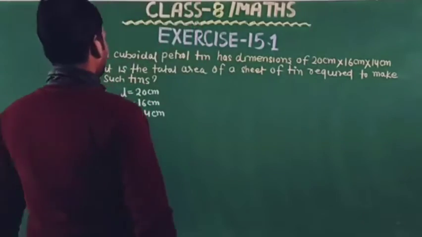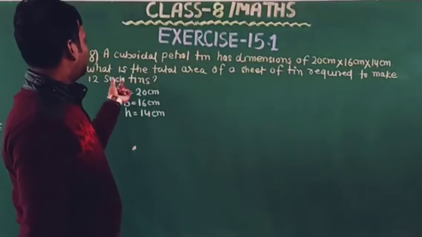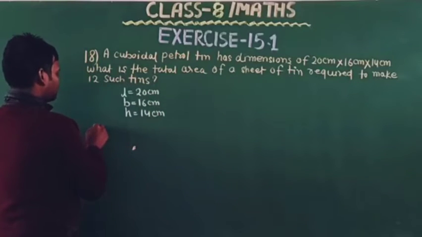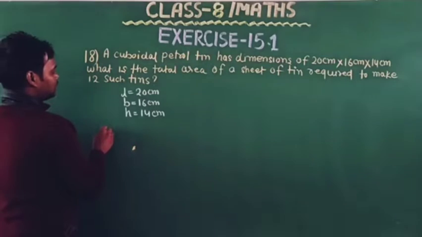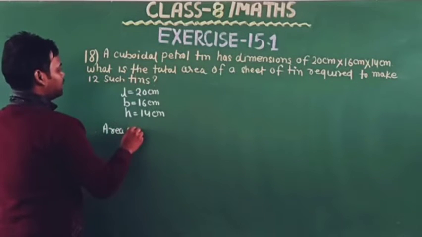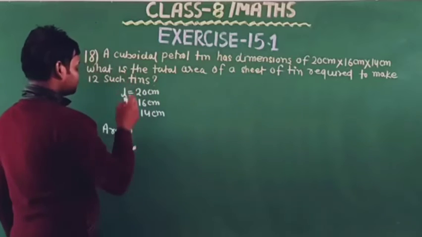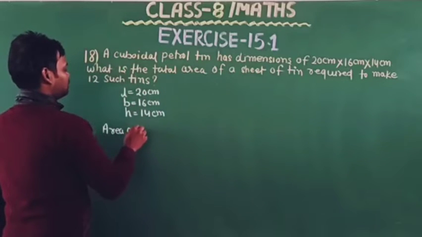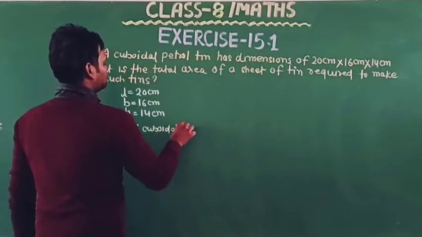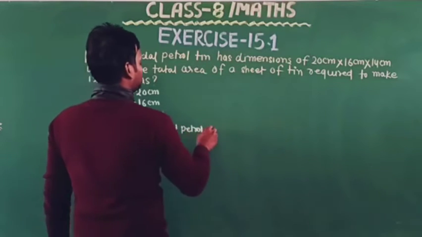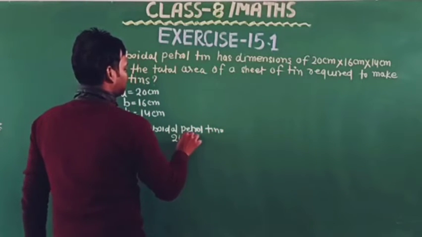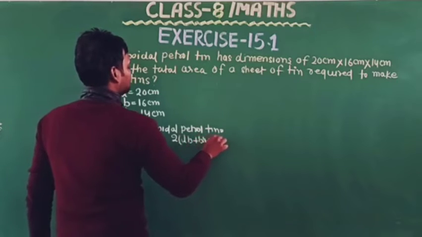The area of one cuboidal petrol tin is calculated by using the formula 2(LB + BH + HL).